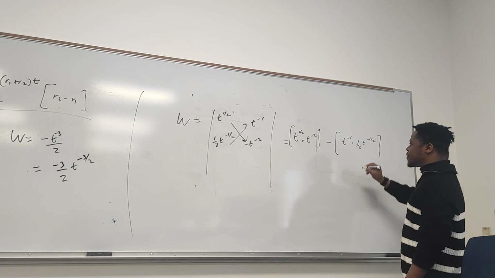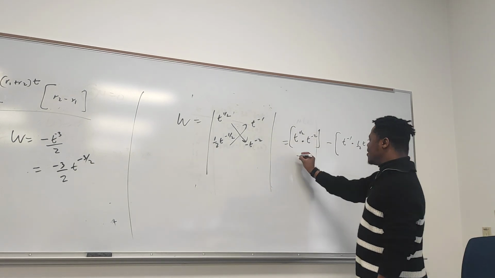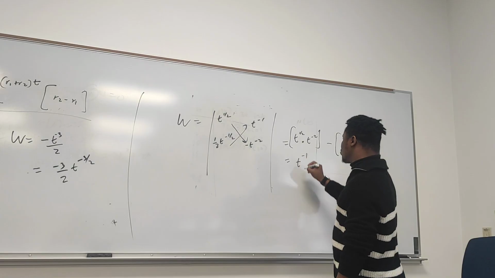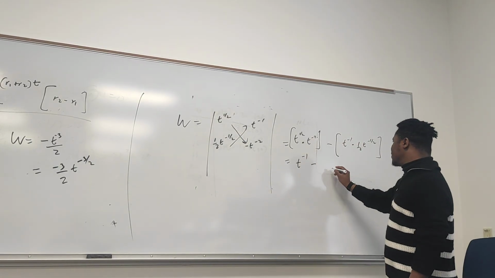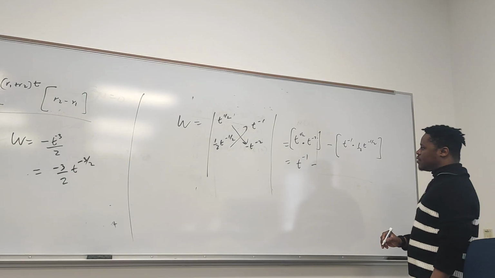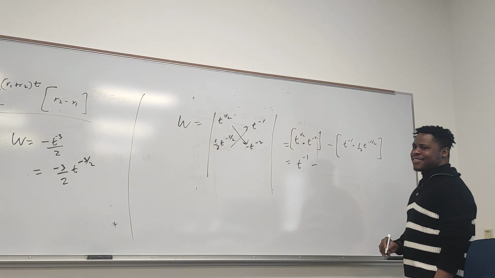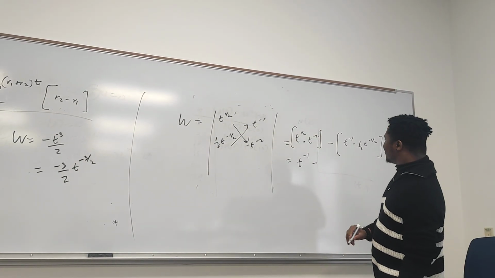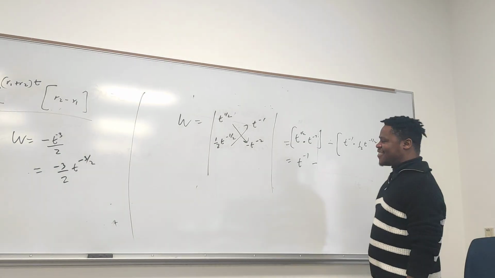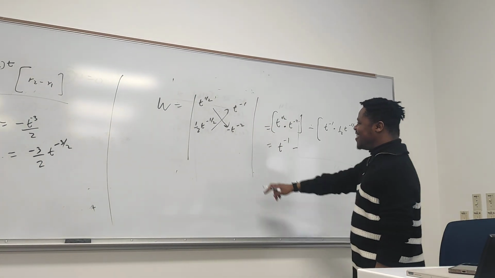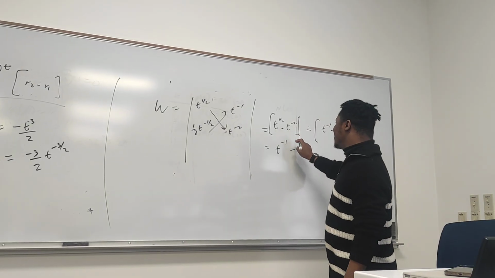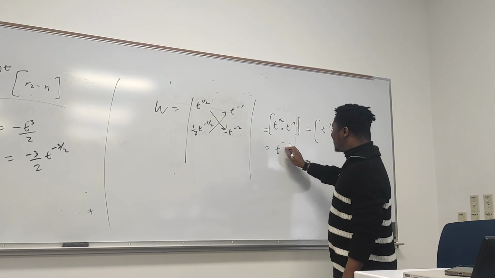I'm going to jump steps here because we are all smart. So this becomes t minus 1, right? Because these two cancel out. Then minus this becomes... you add them. What am I doing? You add them. I add, this multiplied by this is add them. Yes, you're right.